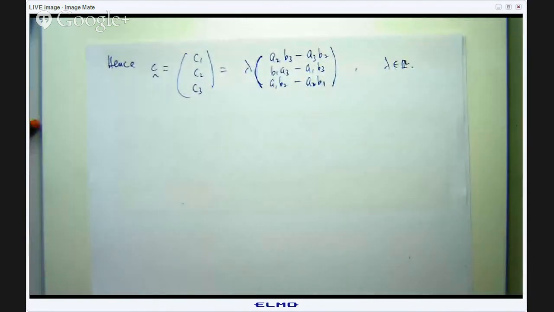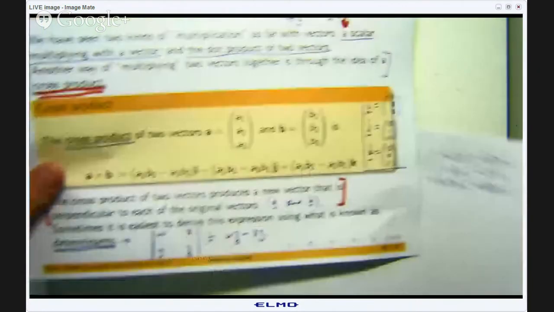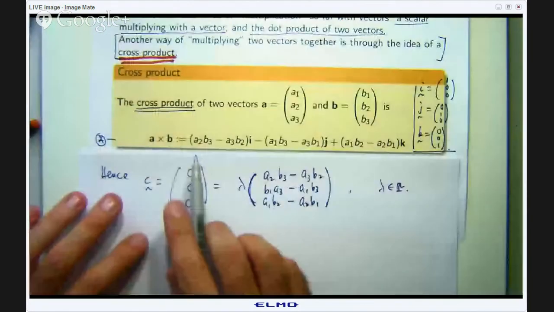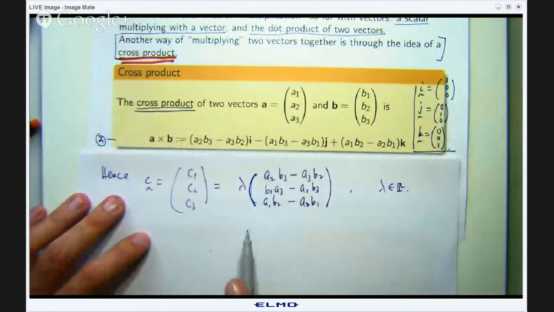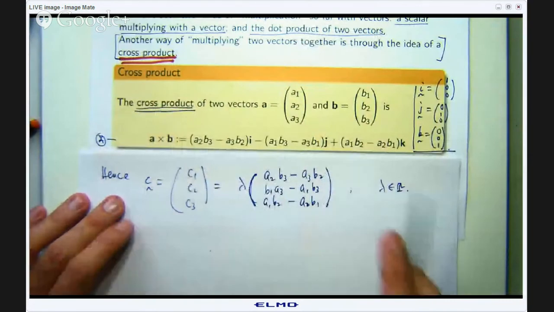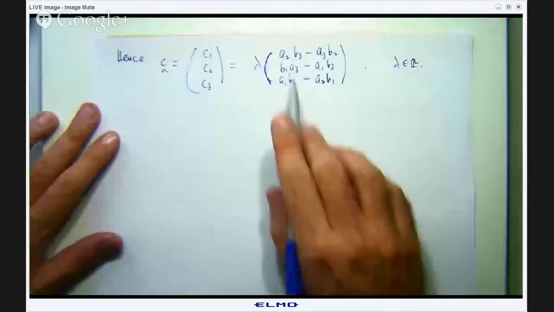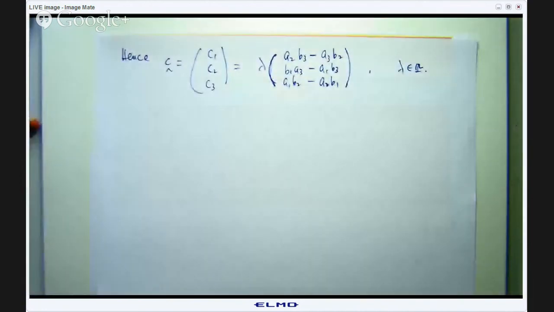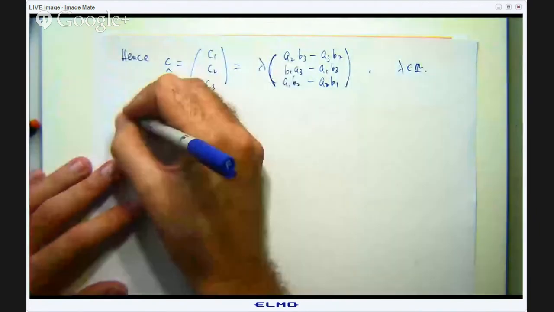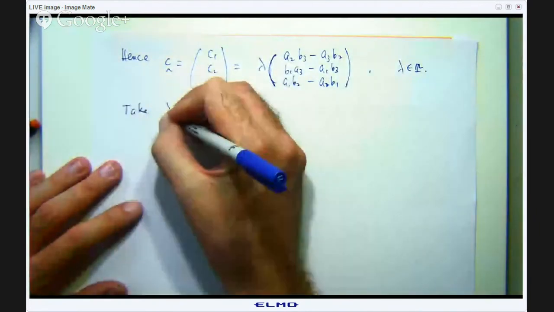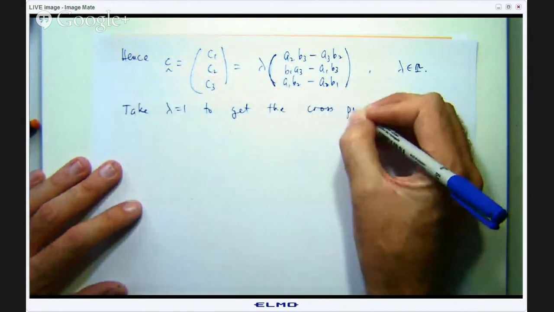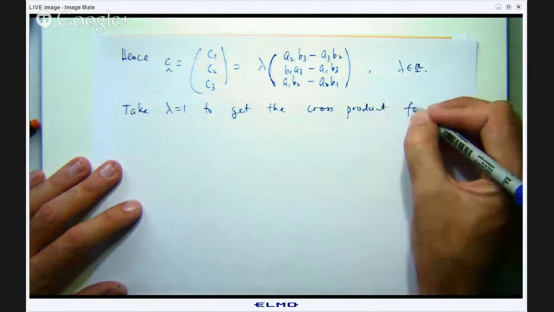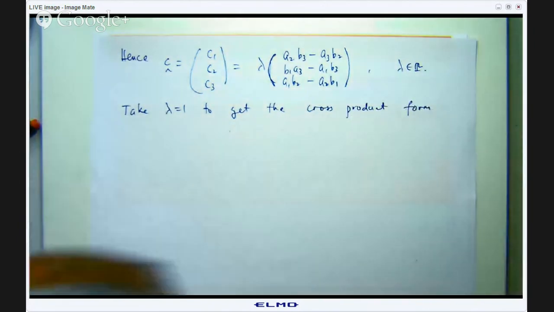So let's just compare that with what we've got in here. Yep, if I just distribute the negative sign in there, I get that, and I've got that. Now, I guess this is a form of a line rather than a vector. So let's just keep it real simple and take lambda equals 1 to get the cross product form given here.